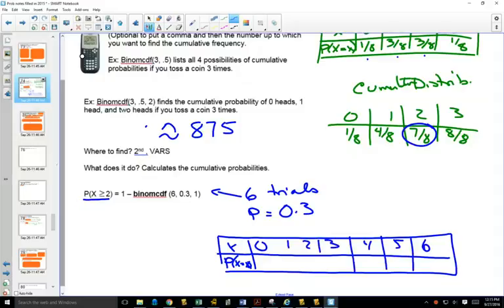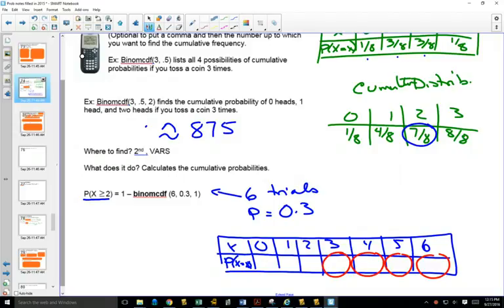There's going to be a lot of them in 6 trials. In 6 trials, your probability distribution chart will have 7 things. And if you want to figure out the probability that it's greater than or equal to 2, what you're looking for is this one, plus this one, plus this one, plus this one. You're wanting to add all of those up.